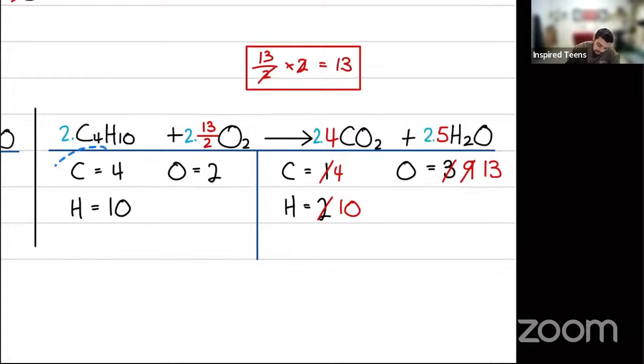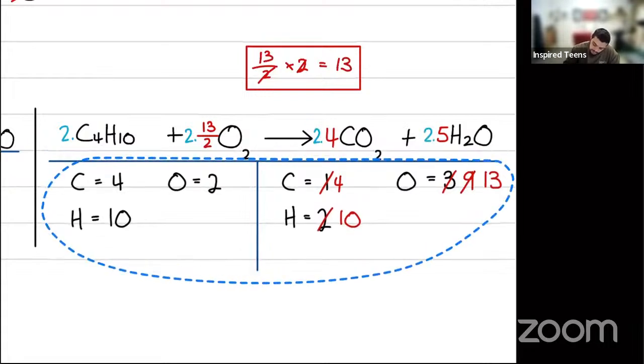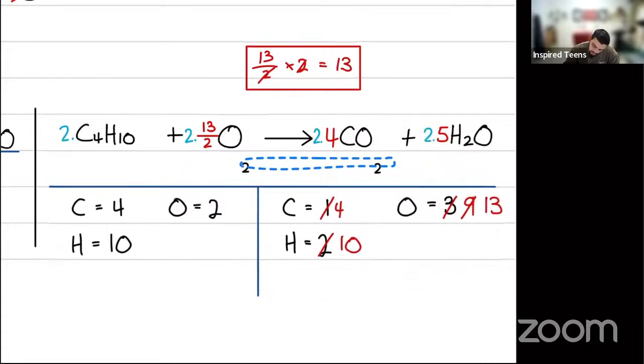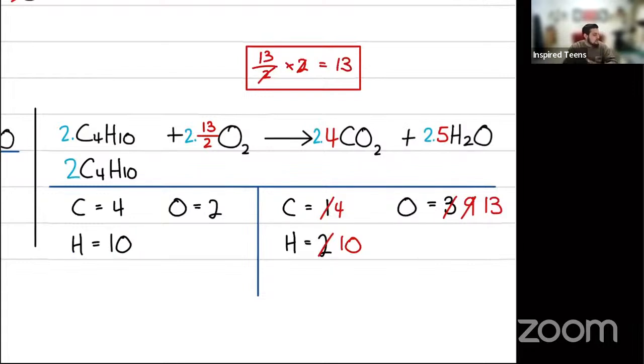Okay, and actually what it becomes is 2C4H10, because that's 1. If there's no coefficient, we assume it's 1, plus 2 times 13 over 2. Those will cancel. We're left with 13O2.